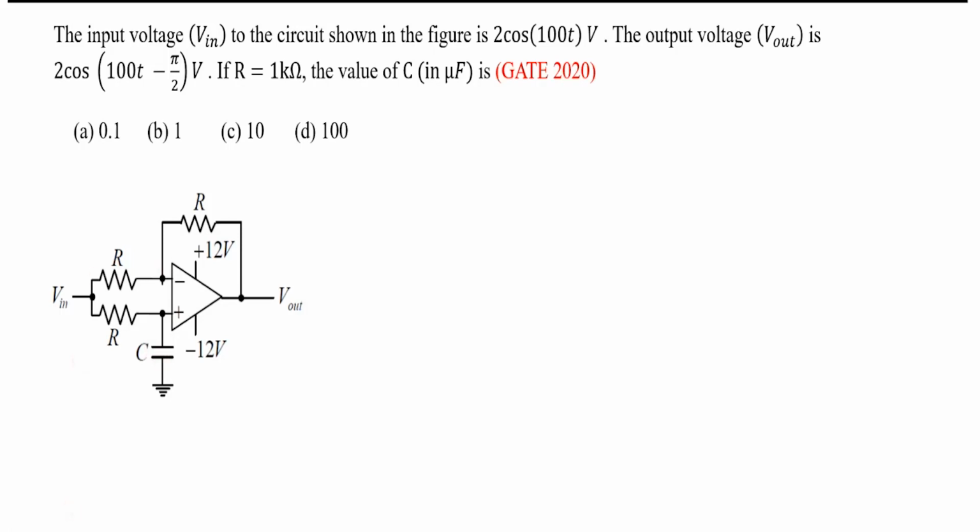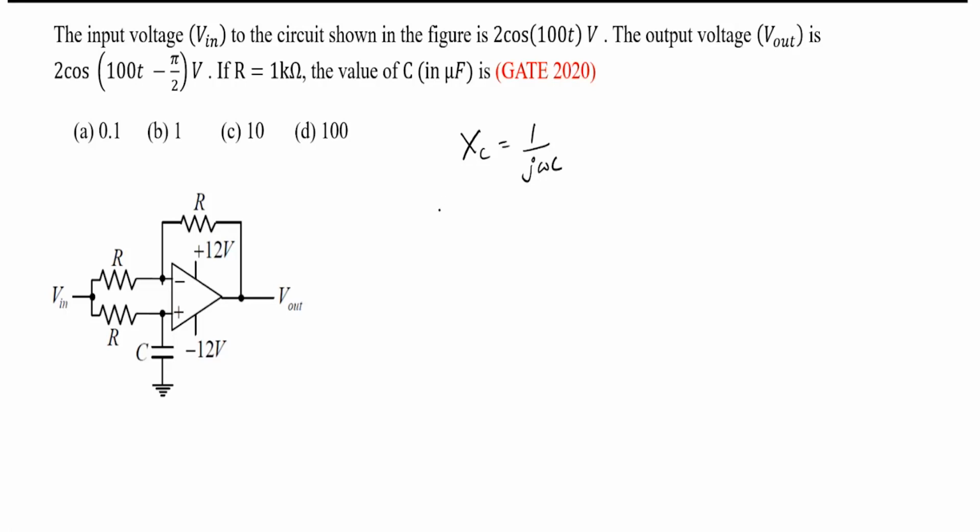Now, whenever there is a capacitor or inductor, use this relation. When we were dealing with resistors, we were replacing with the resistance, R1, R2, RF. Whenever there is a capacitor, just replace it with XC, right?